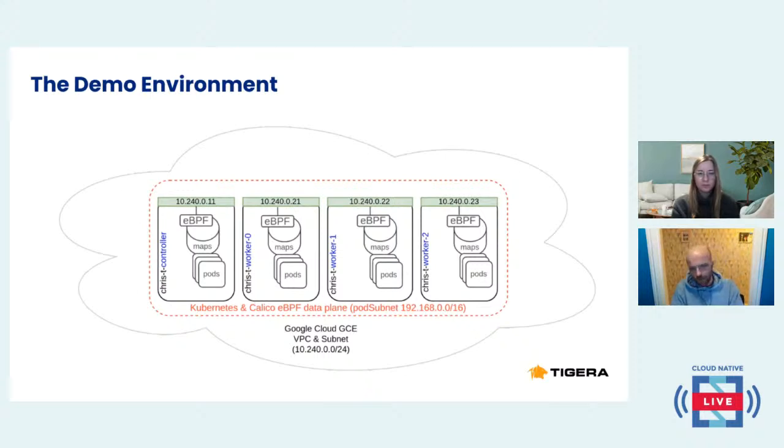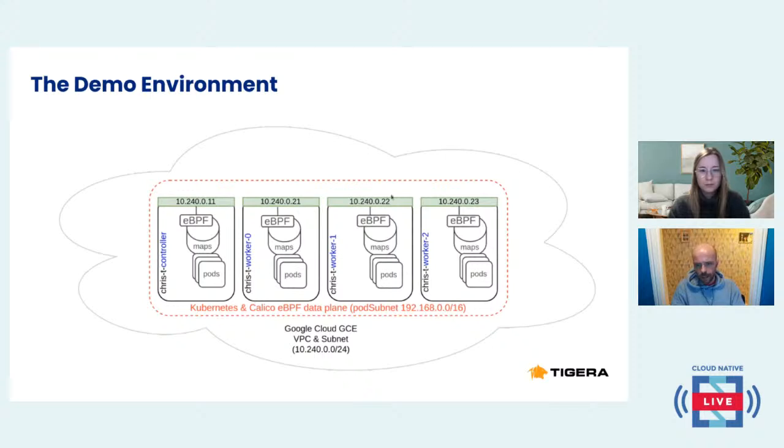So the first is Typha. Now, to be honest with you, I should have had this on the diagram, and it slipped my mind to add it. But in any Kubernetes deployment, you have the Kubernetes API, and that's something that lots of components within the cluster need to speak to. And anytime you have lots of things talking to one thing, you have to be conscious of whether that one thing is going to become overloaded.